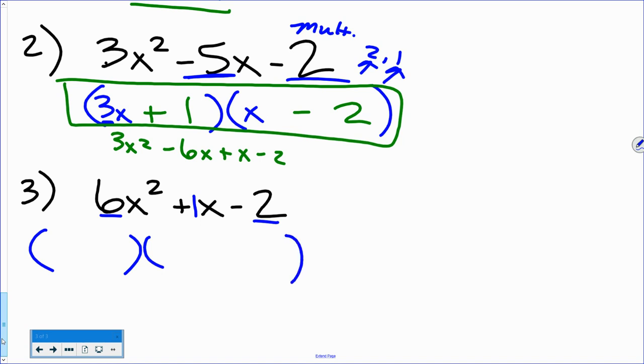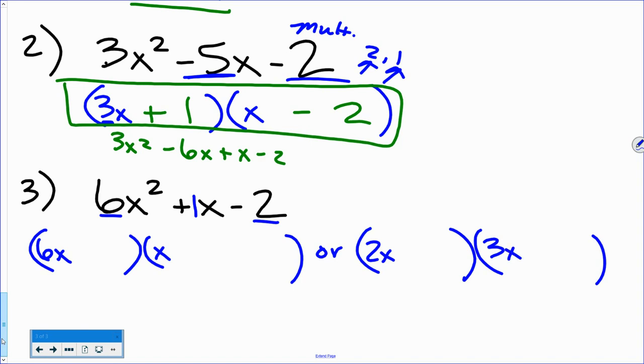I could have 6x and x or 2x and 3x. So if there's a number here and it's not prime and you've got more possible factors, that will make it slightly more difficult because I might not know offhand which one that is. Okay, it couldn't be either.